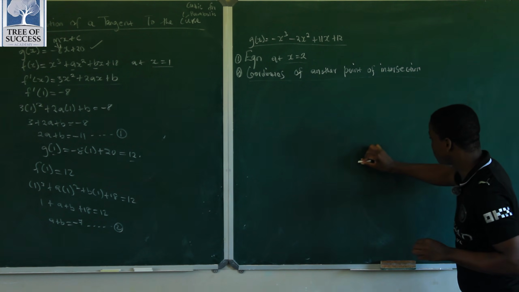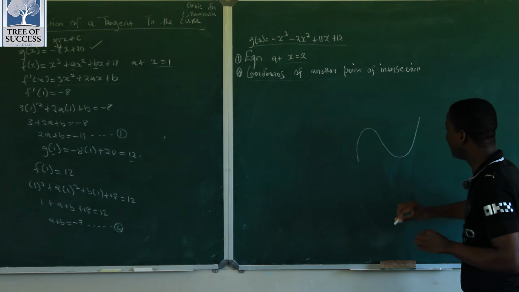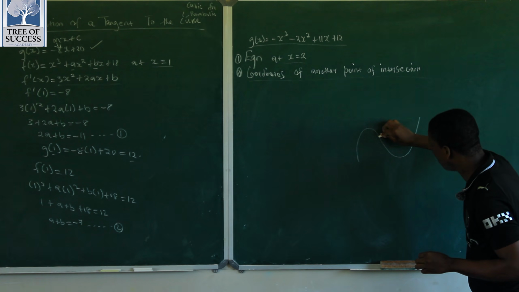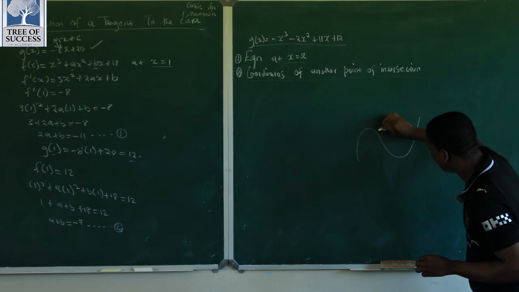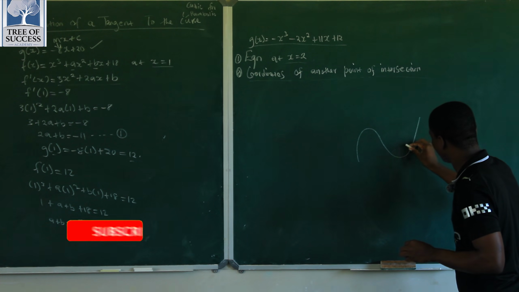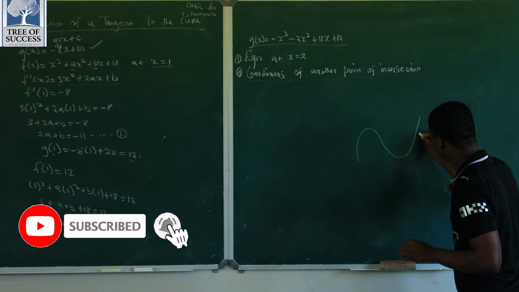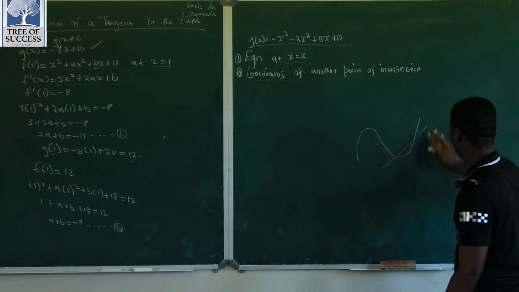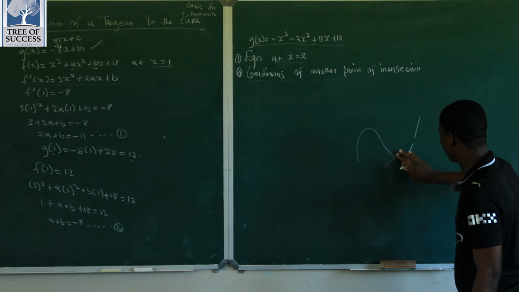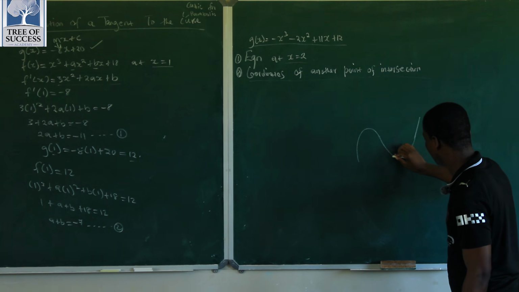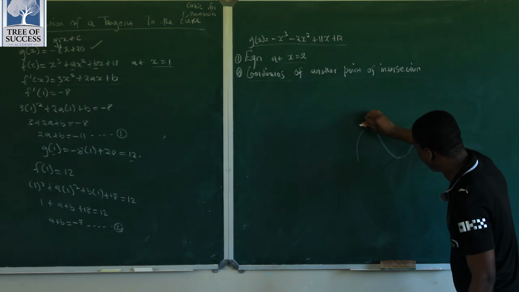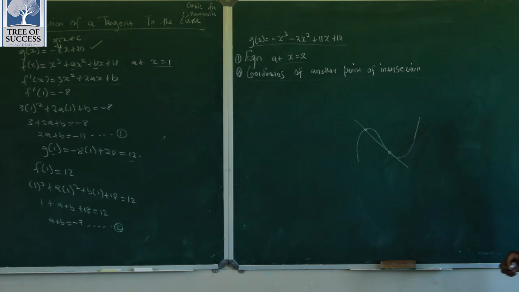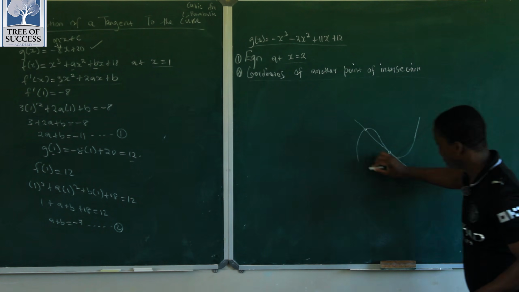So it is possible that you have a curve and on this curve maybe you can draw a point of tangency somewhere here. Maybe something sort of like this. But it is still the tangent. The tangent must go like this.